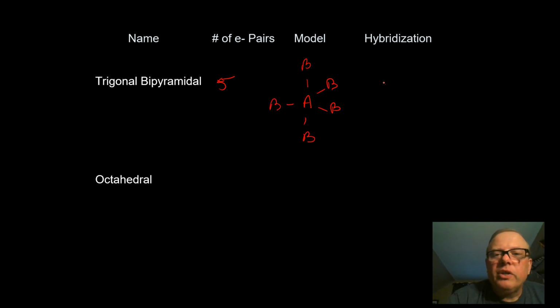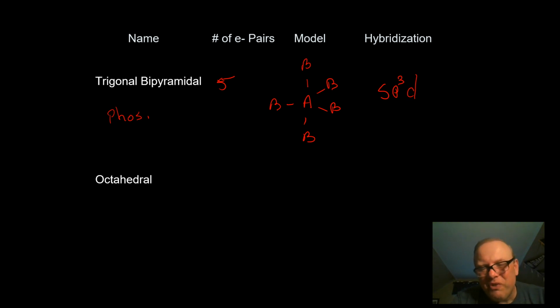Our hybridization here is sp3, and because we need 2 more electrons, we've only got 1 s, we've only got 3 p, so the next place we would go is actually d. Now, who does this? Phosphorus does this. And again, I'm going to devote an entire day to this kind of stuff, but this is phosphorus's trick in that it can do this. And by the way, it has to be in that same group as phosphorus for the most part. I'm not going to give you bond angle on this either, not to worry about.